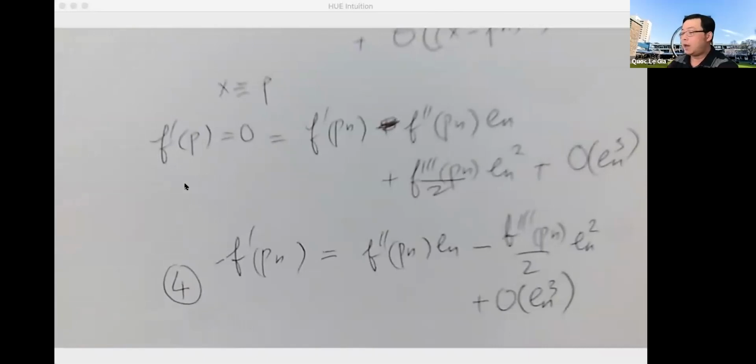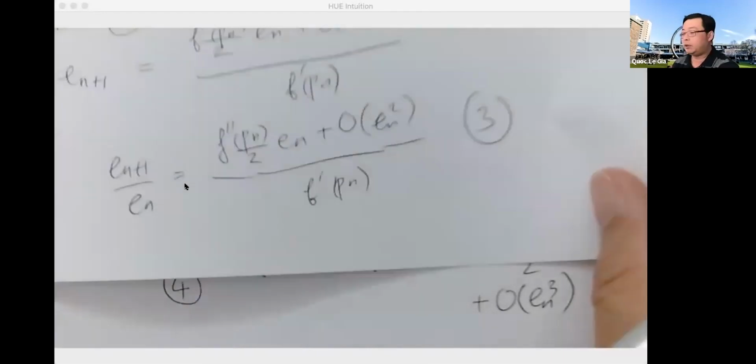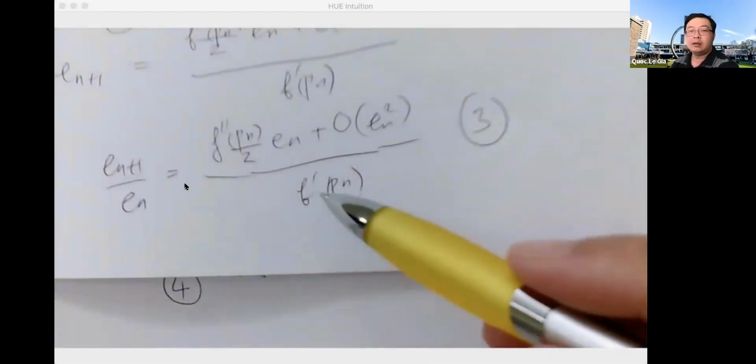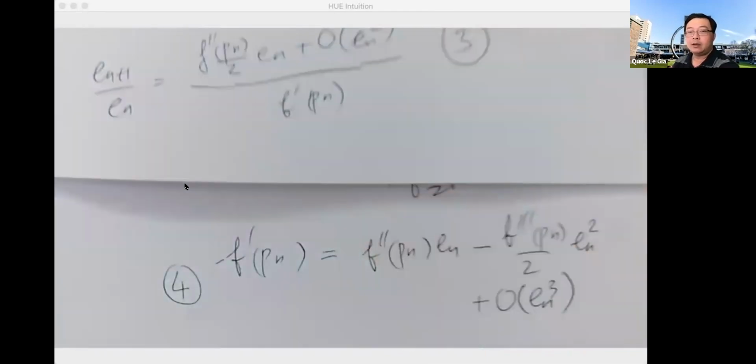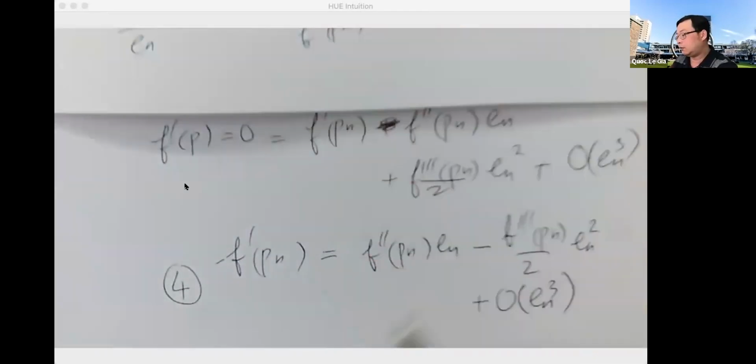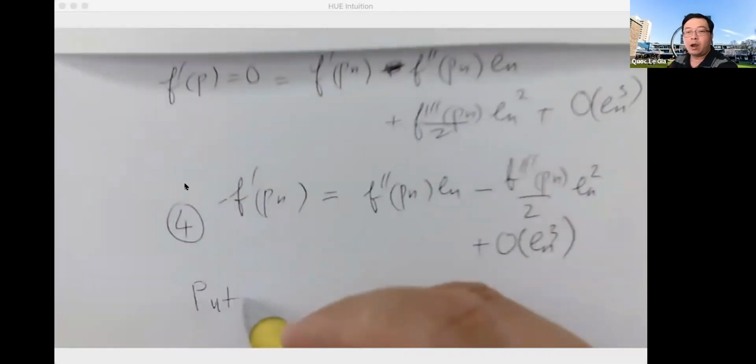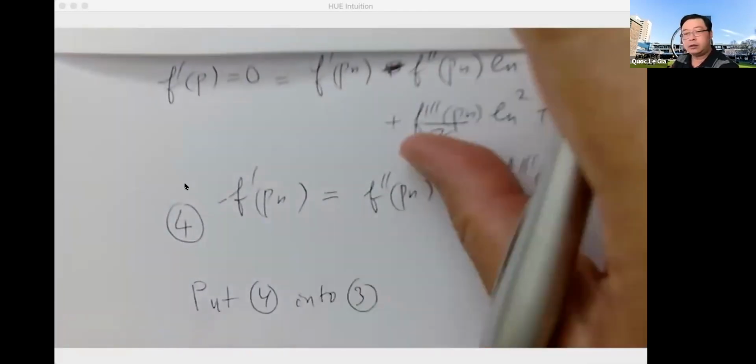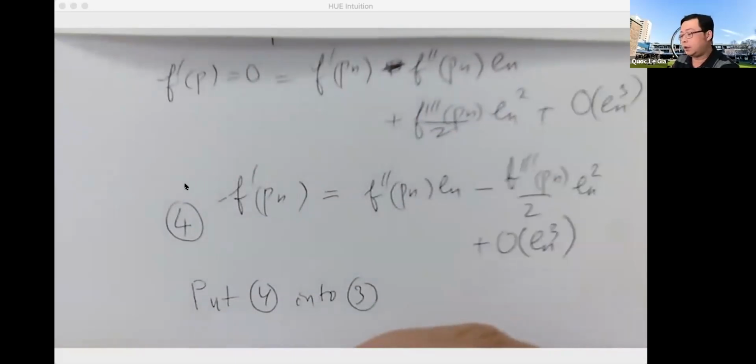Okay, so now I put f prime back into my number 3. So then I replace f prime by f double prime En, so I put 4 into 3. Then I will have, I just assume that you have copied it down, so I copy it here as well.